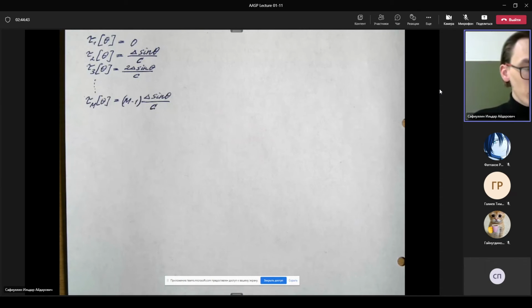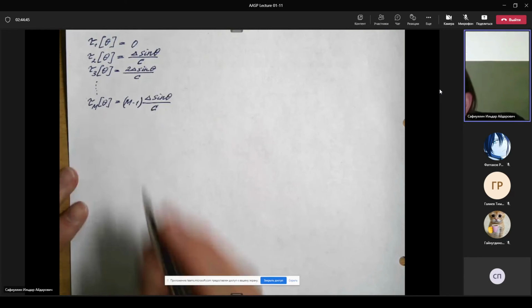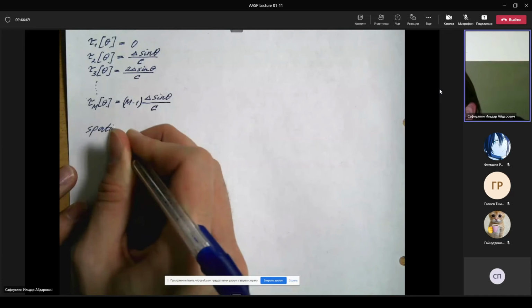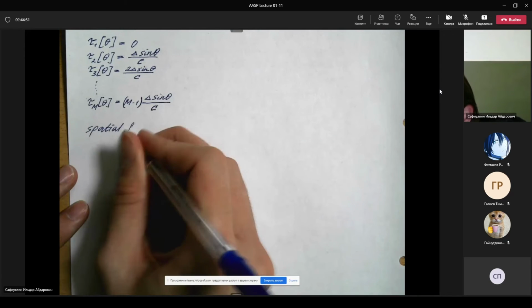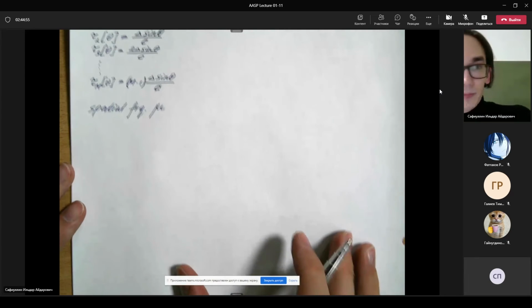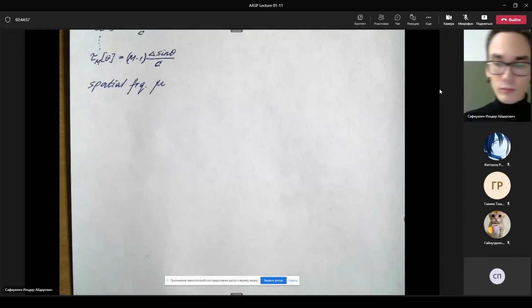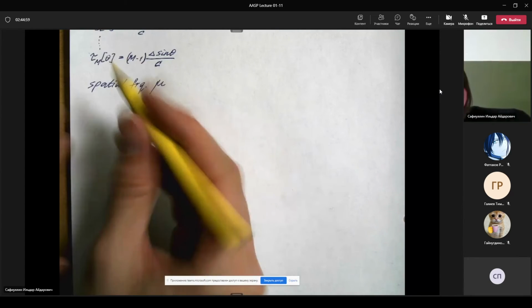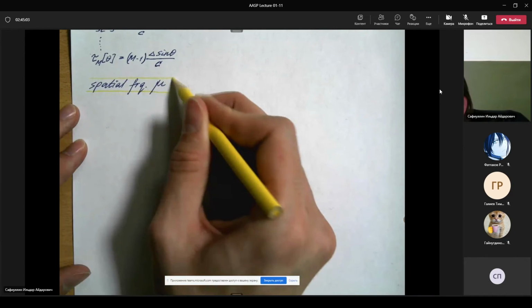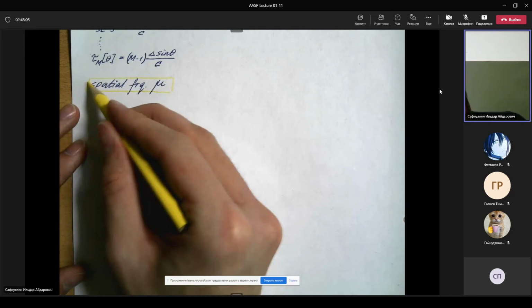So, spatial frequency mu. I will highlight it with yellow color here.